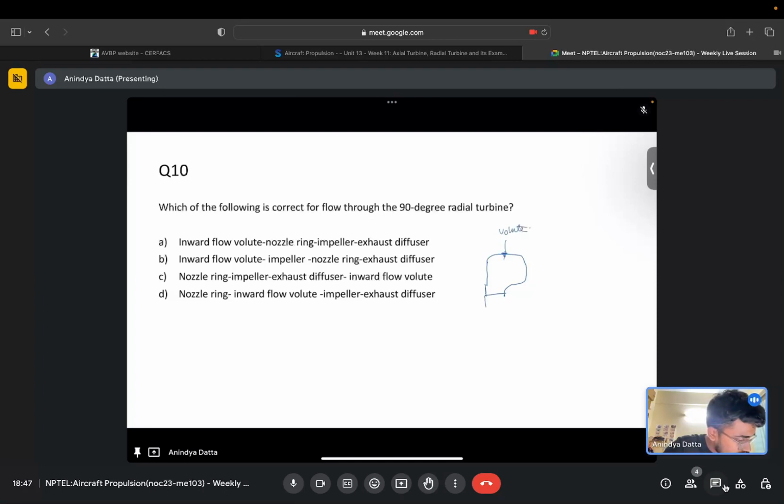Then we have the nozzle. This is the shaft.